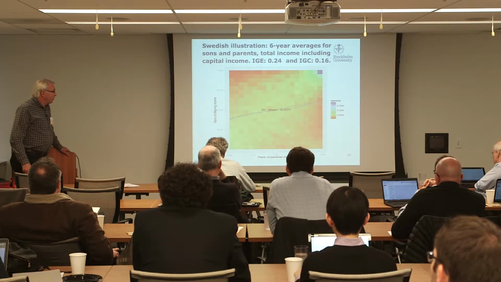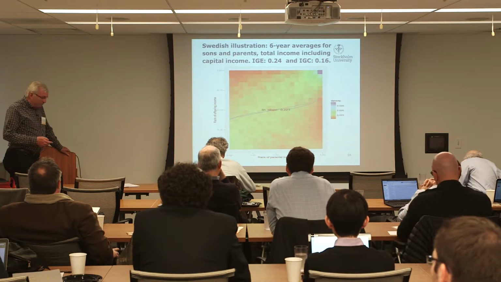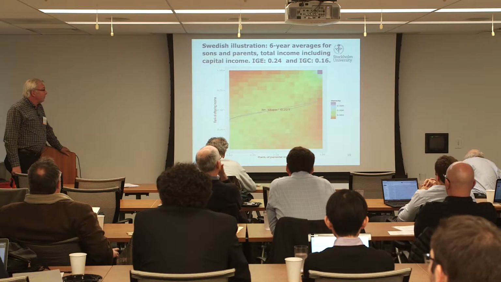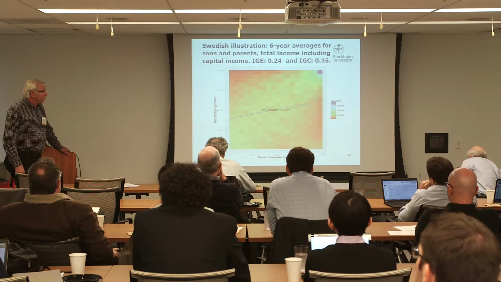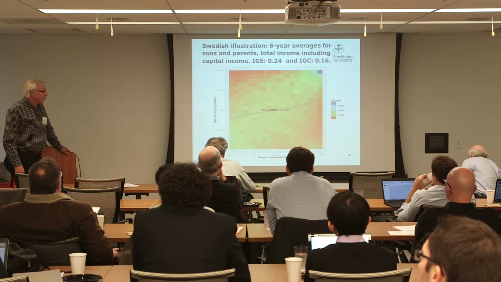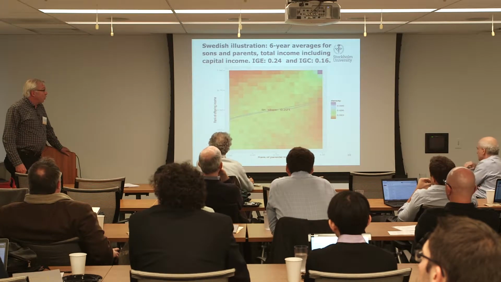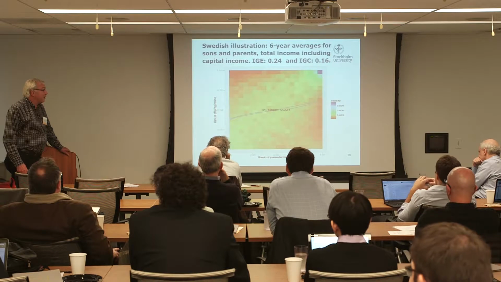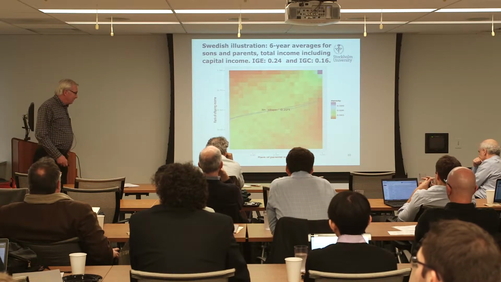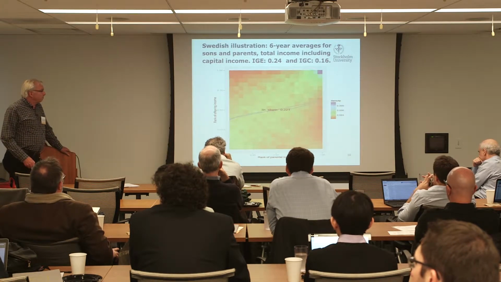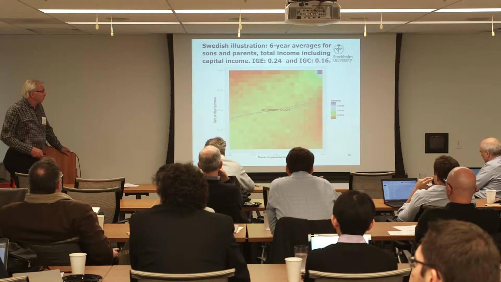That's something we know from other ways of looking at it. And this is the joint density that is shown here, and the idea here is to show that the observations are all over the place, and there's quite much mobility in this pattern.